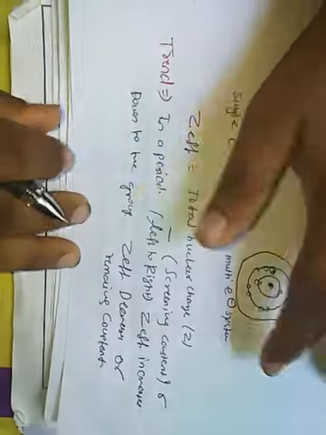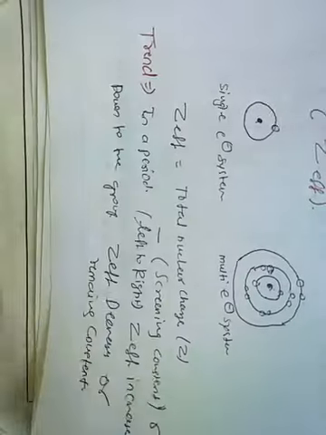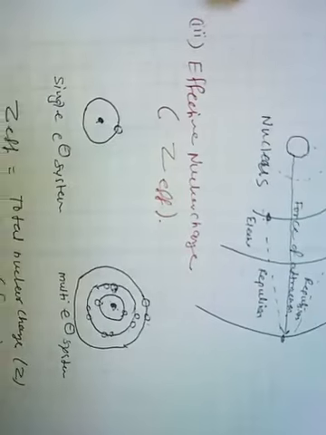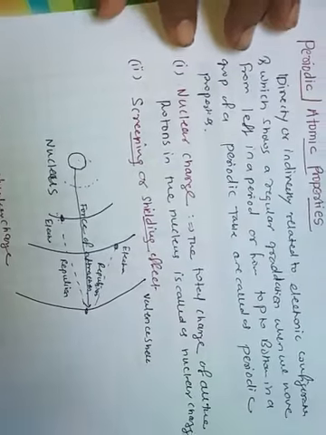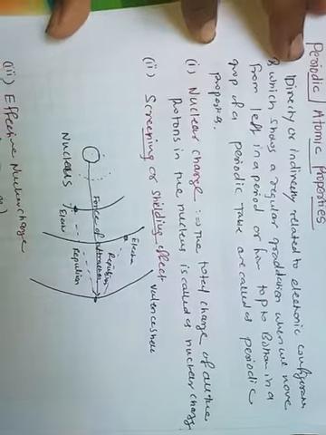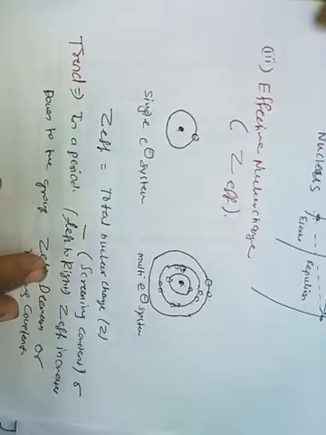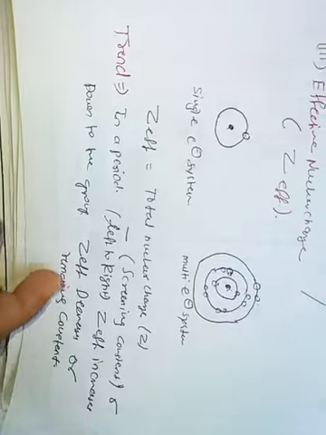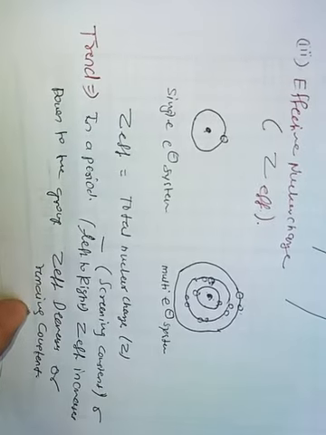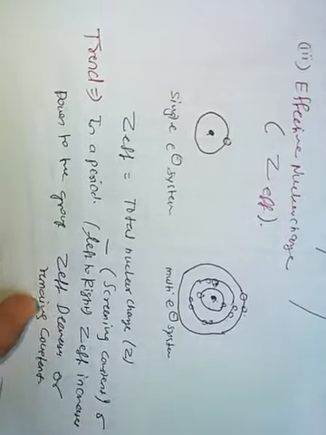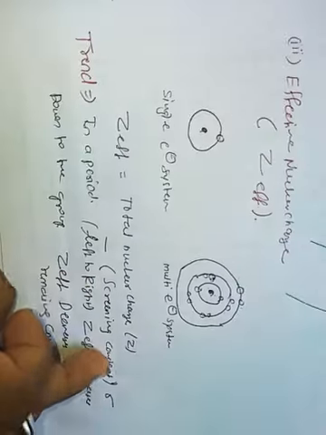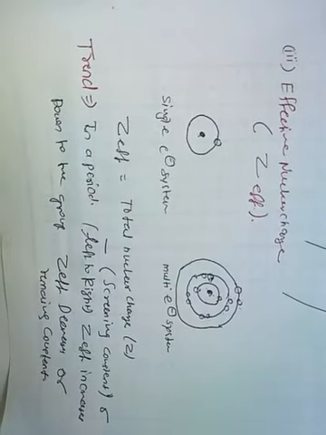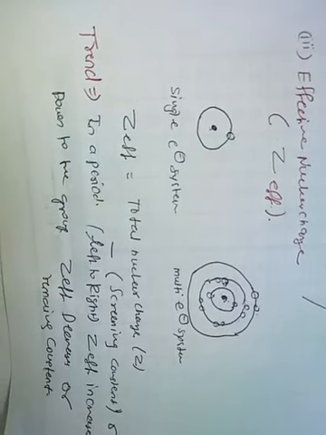This trend from nuclear charge and effective nuclear charge is very important: if Z effective increases from left to right, atomic size decreases. Whatever the next part is, we will discuss it in the next lecture. Thank you.